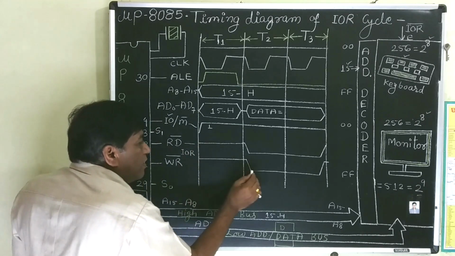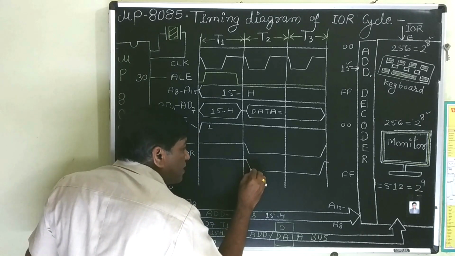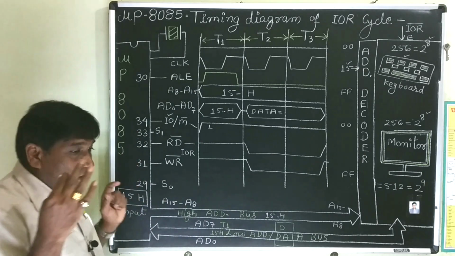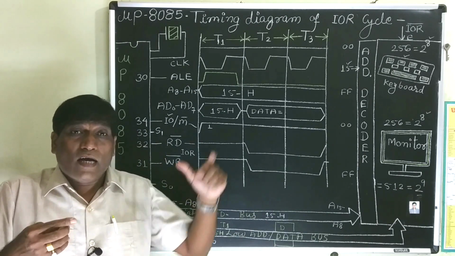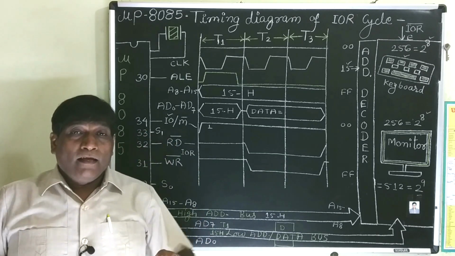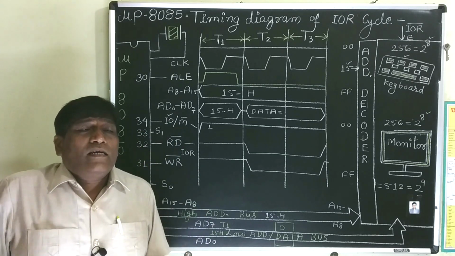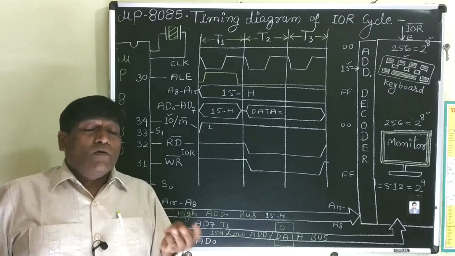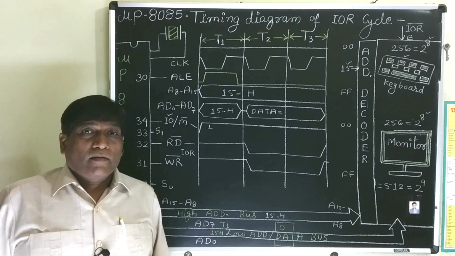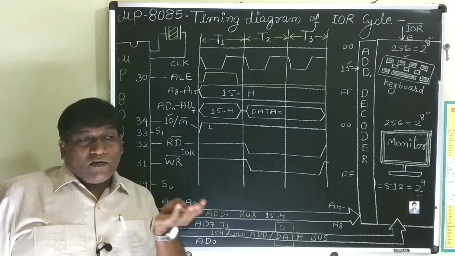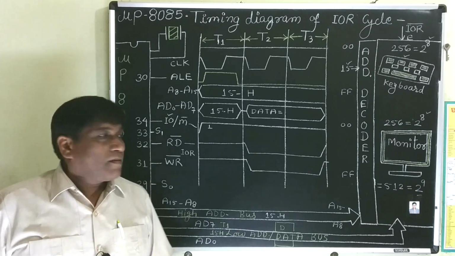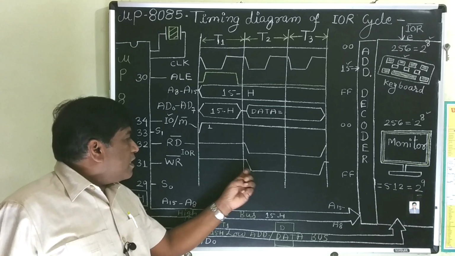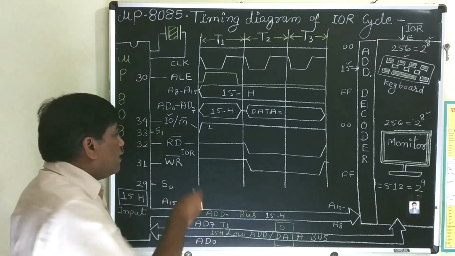It will be generated after a delay of say 21 nanoseconds, because the hardware we are using for generating the control signal generates a delay of approximately 21 nanoseconds. As compared to microprocessor operation, 21 nanoseconds can be tolerated, very less. Now with some delay, it is generating the IO read bar signal.